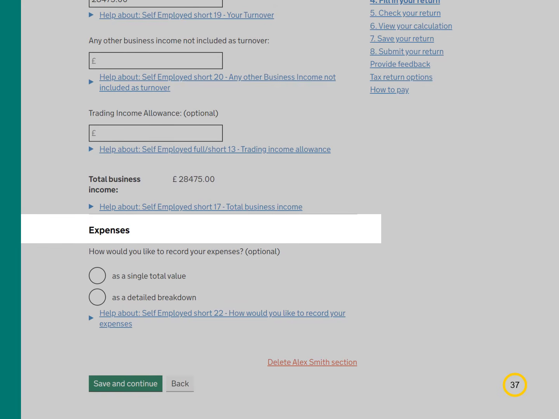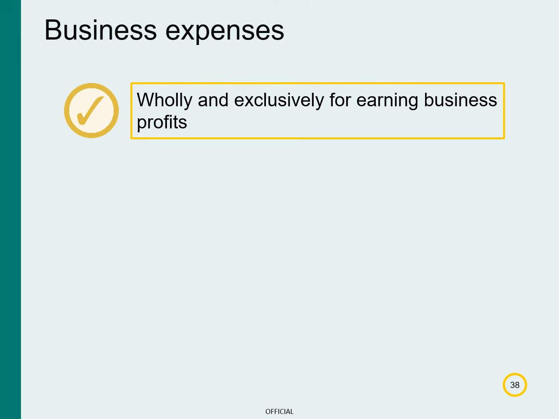Before we look at entering your allowable expenses on the tax return, we'll briefly look at what we mean by business expenses. Business expenses must have been spent for the purpose of earning business profits. This is known as the wholly and exclusively rule.